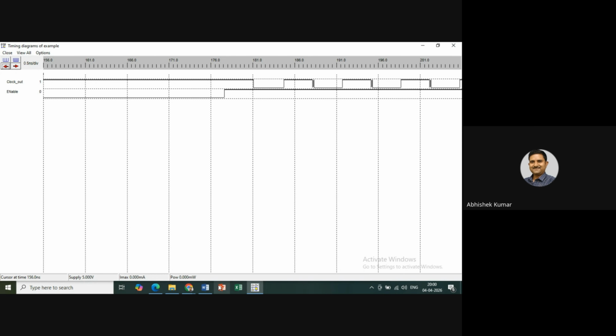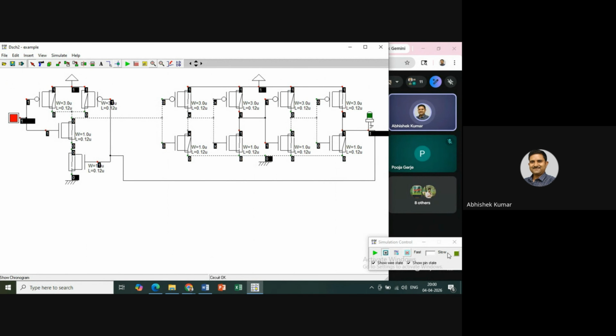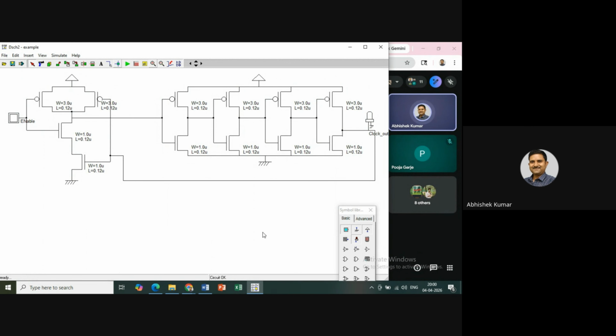So what is our discussion here? Our discussion is the oscillation frequency. It depends on the delay of each inverter and the number of inverting stages. The delay of this NAND, the delay of the NOT, if I assume equal delay, the delay of the inverting stage, and the number of stages, where delay is proportional to the size of the transistor, the width of the PMOS as well as the NMOS.